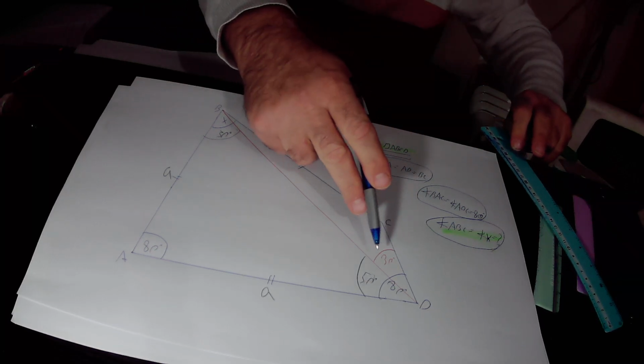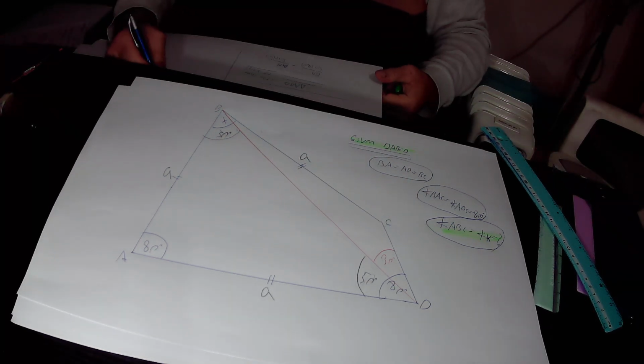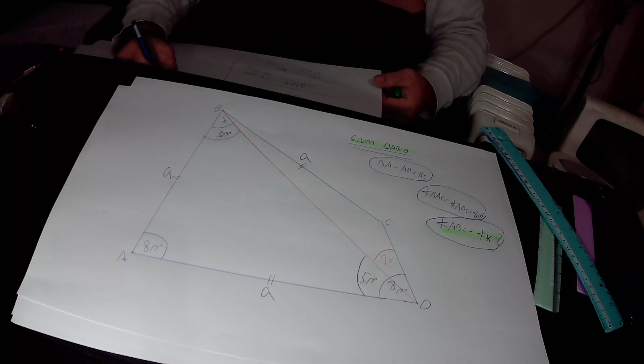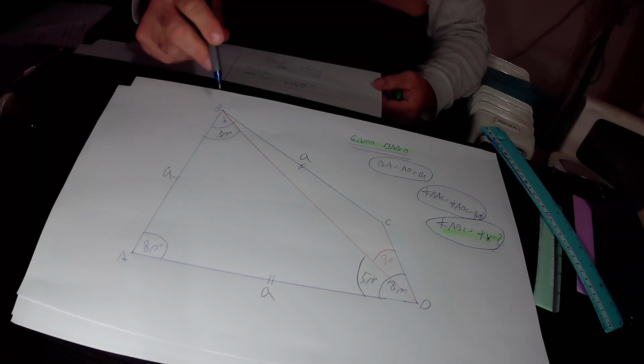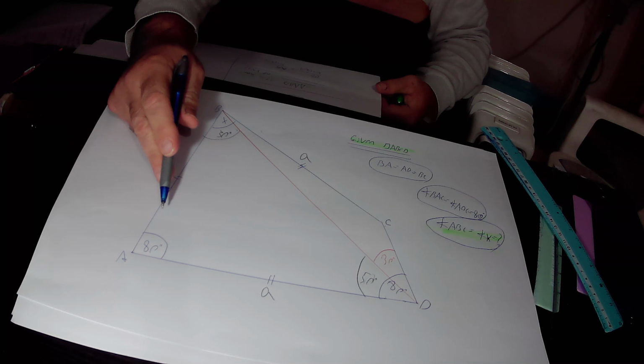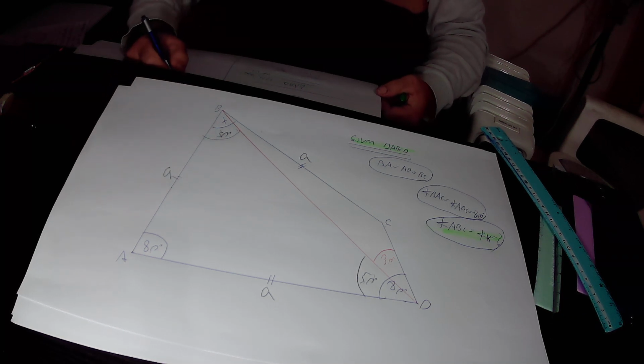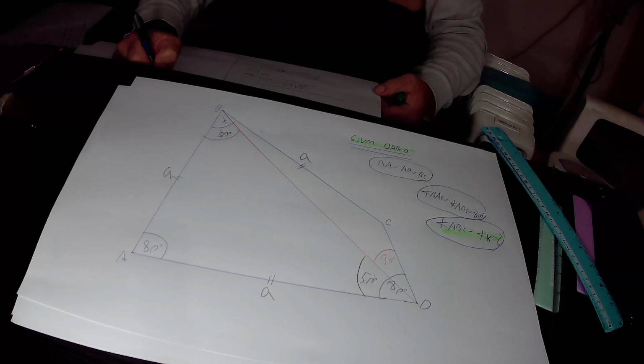BD is the missing side, so we leave it as it is. BD over sine 80 degrees. We'll substitute 80 degrees by 2 times 40 degrees, so it is sine 2 times 40 degrees.